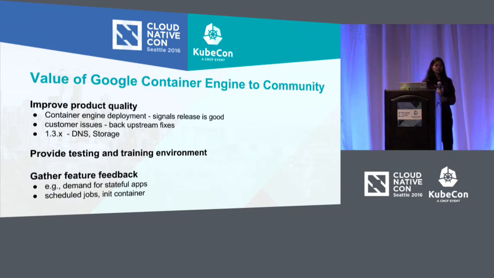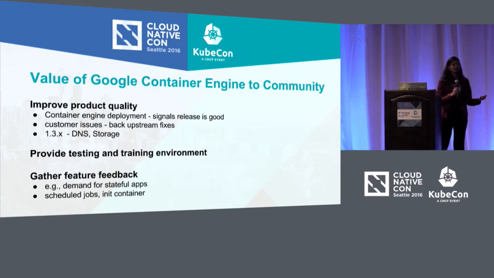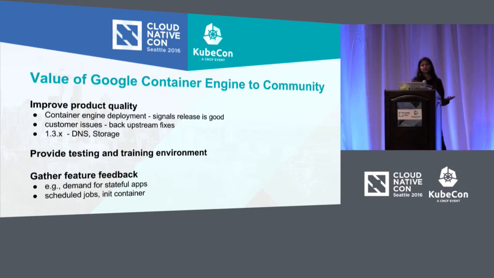So one question is, what is the value of Container Engine to the community? And really, from the very start, one of the core values has been improving the product quality. Even in the beginning, the community would look to Google Container Engine as a signal of a release being ready for production and ready for deployment.